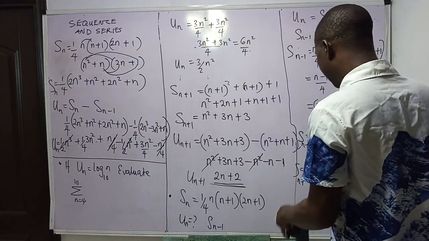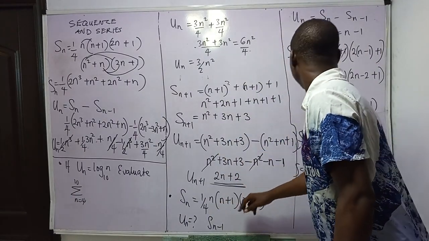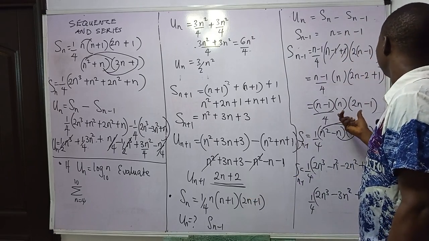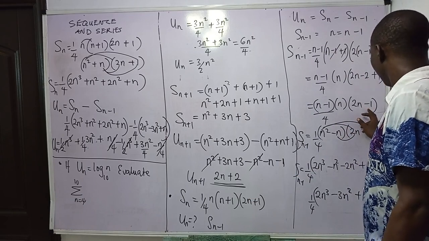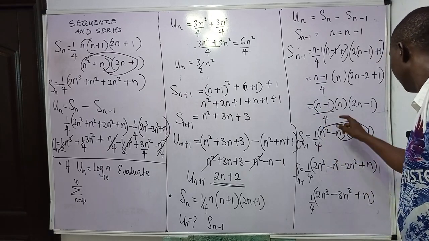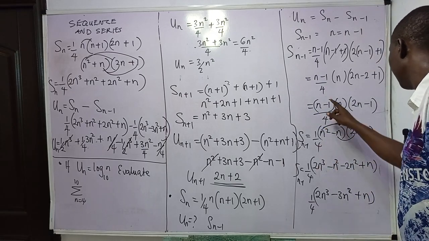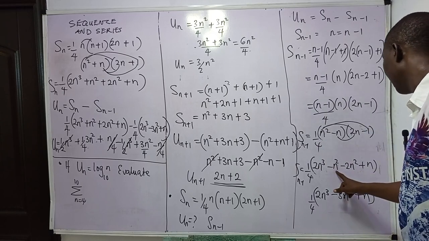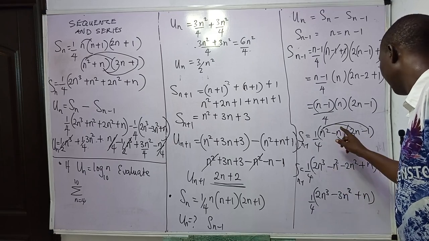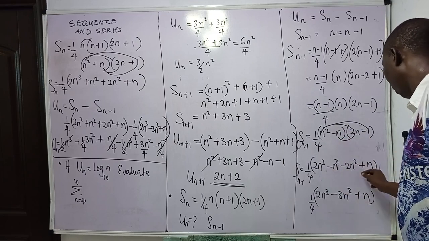Let's check again. n minus 1 and 2, 2n minus 2 plus 1. Okay, minus 1 is the length. n squared, then this 2n cubed minus n, 2 minus n squared minus 2n plus n. Correct.